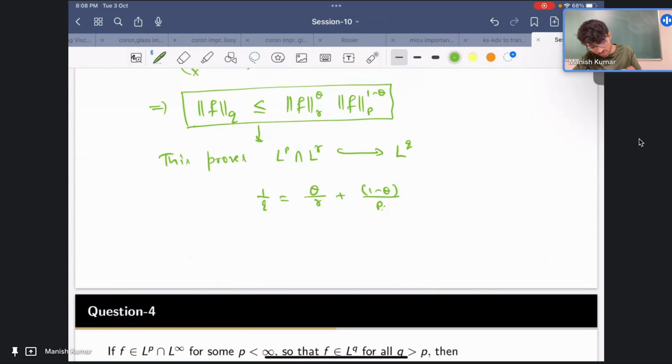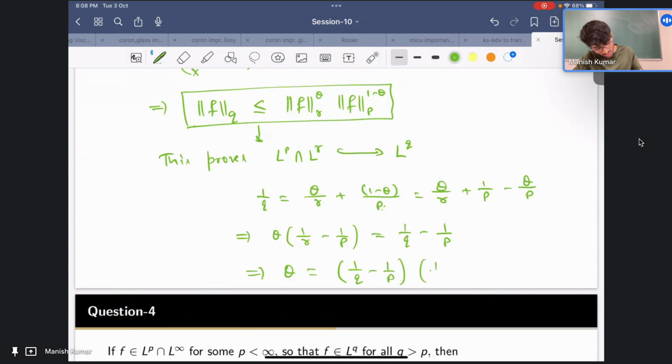From here you can calculate theta in terms of P, Q and R. So I can break it up as theta by R plus 1 by P minus theta by P. So you can write it as theta times 1 by R minus 1 by P is equal to 1 by Q minus 1 by P, and this implies theta is 1 by Q minus 1 by P, times 1 by R minus 1 by P inverse. So instead of theta you can write this also. This is what you get here.